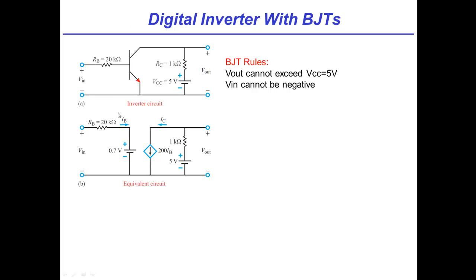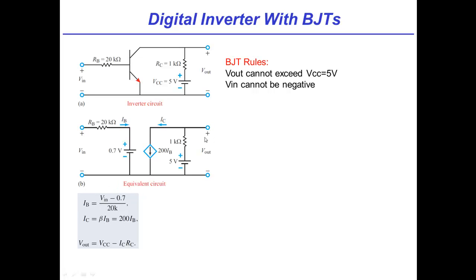Okay. So we've got our equivalent circuit. Now I can follow the rules I laid out in the last slide. My base current is going to be VIN minus 0.7 divided by 20K. My collector current is going to be beta times IB, so that's 200 times this expression up here.